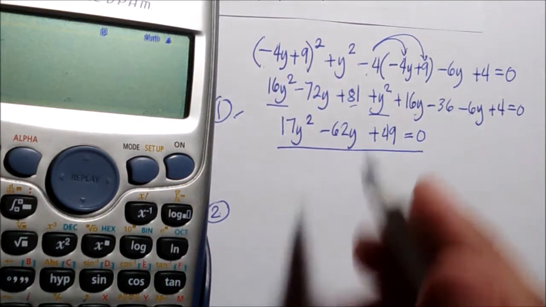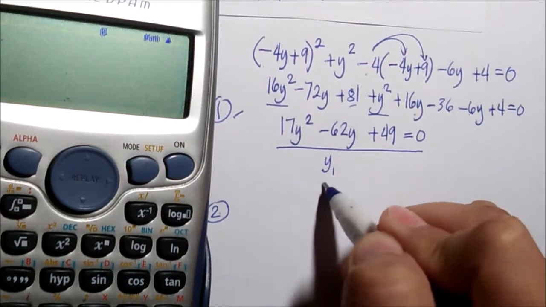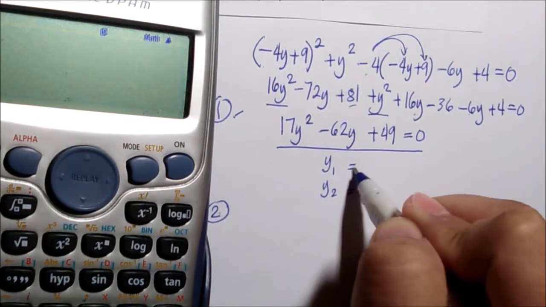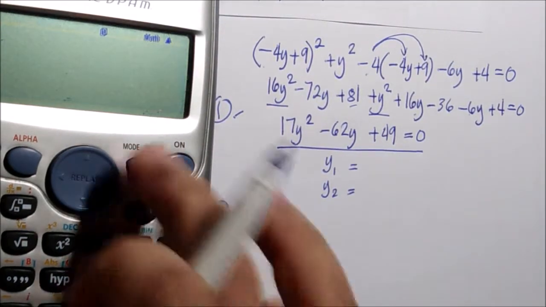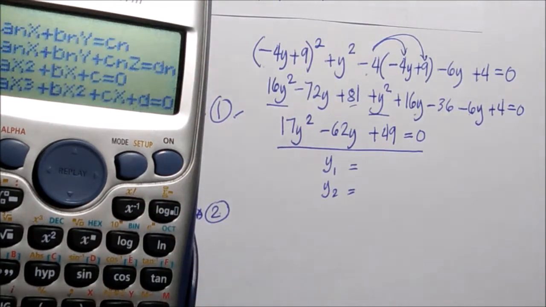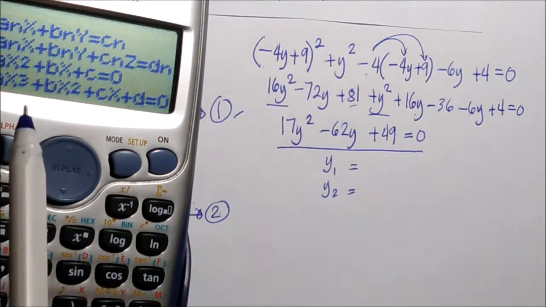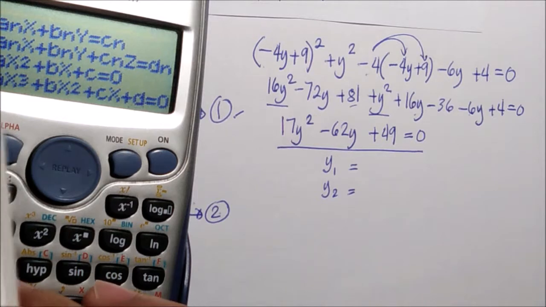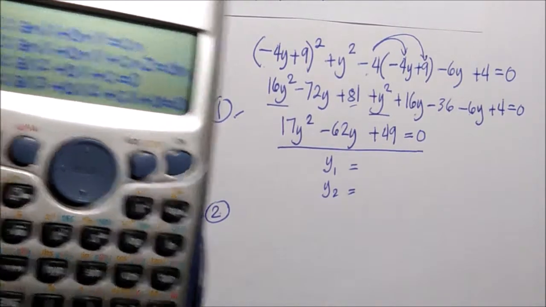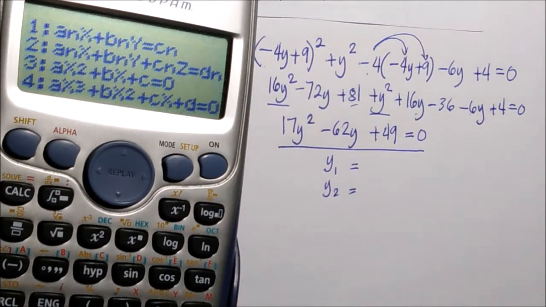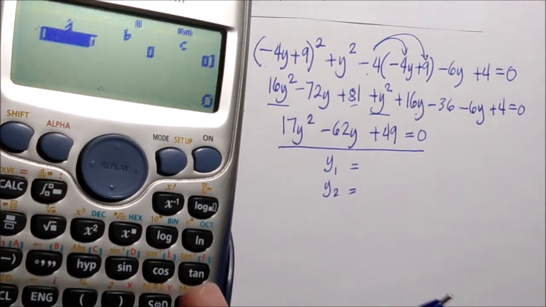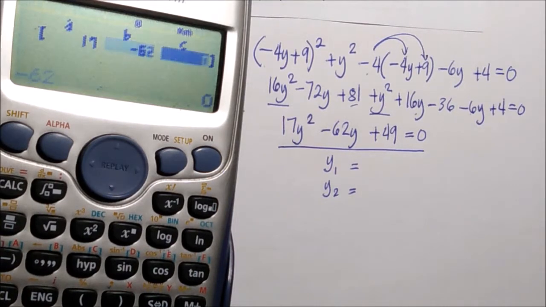Using calculator, we will solve for the value of y1 and y2. Okay, calculator, mode 5, then equation, quadratic, number 3. Okay, this is quadratic equation. Enter 17, enter minus 62, and then enter 49.